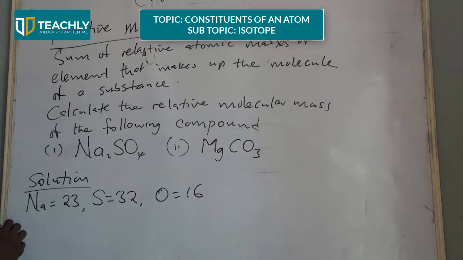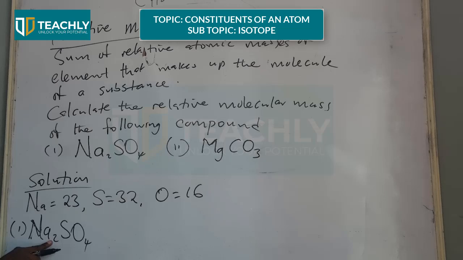So for the first one, Na2SO4, if you look at this compound, we have 2 atoms of sodium, 1 atom of sulfur, and 4 atoms of oxygen. So how do we now get the relative molecular mass?